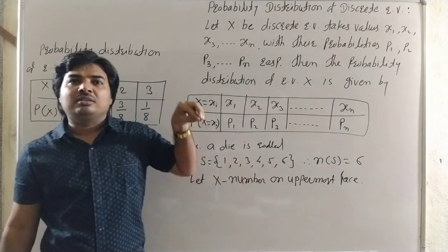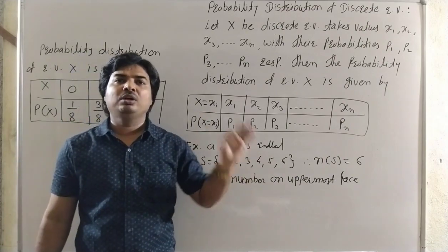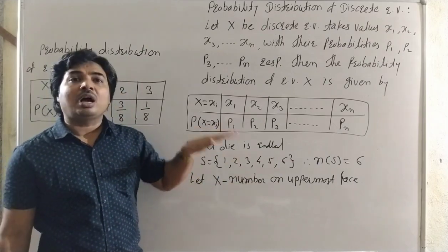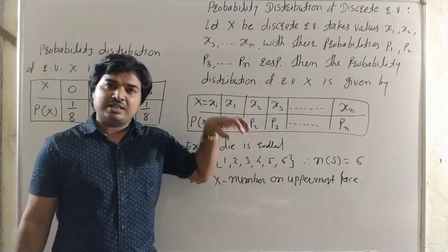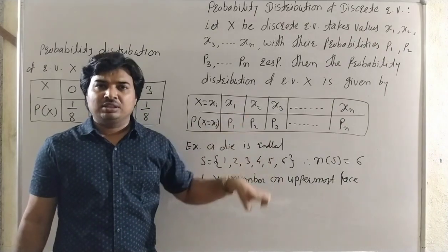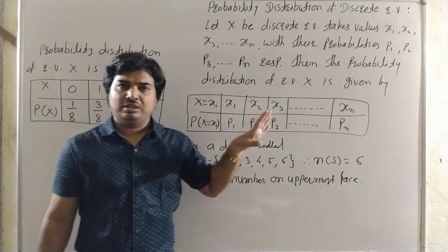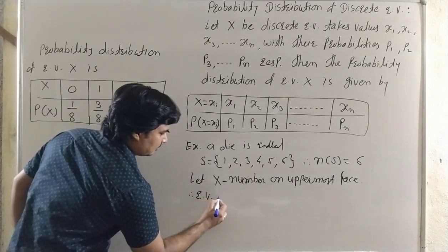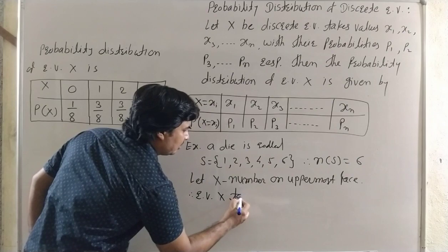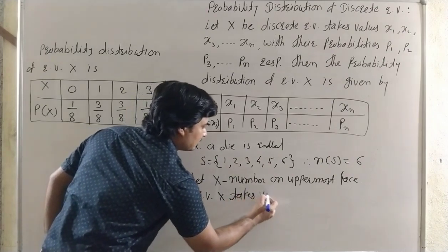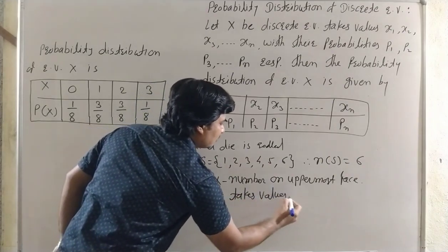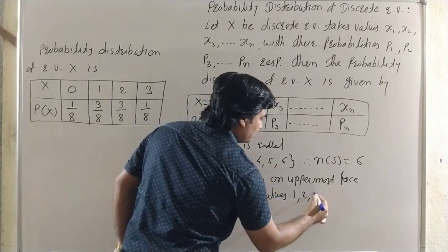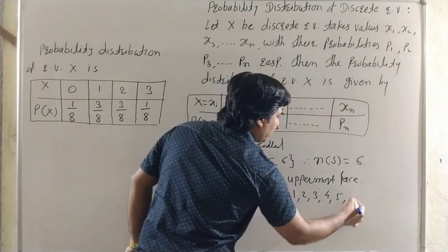That means the number appearing on the uppermost face is either 1, 2, 3, 4, 5 or 6. Therefore the random variable x takes values 1, 2, 3, 4, 5 and 6.